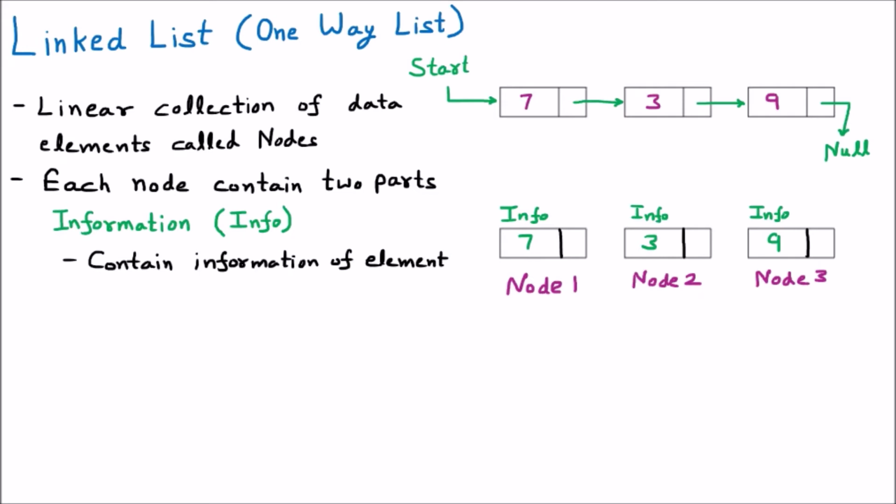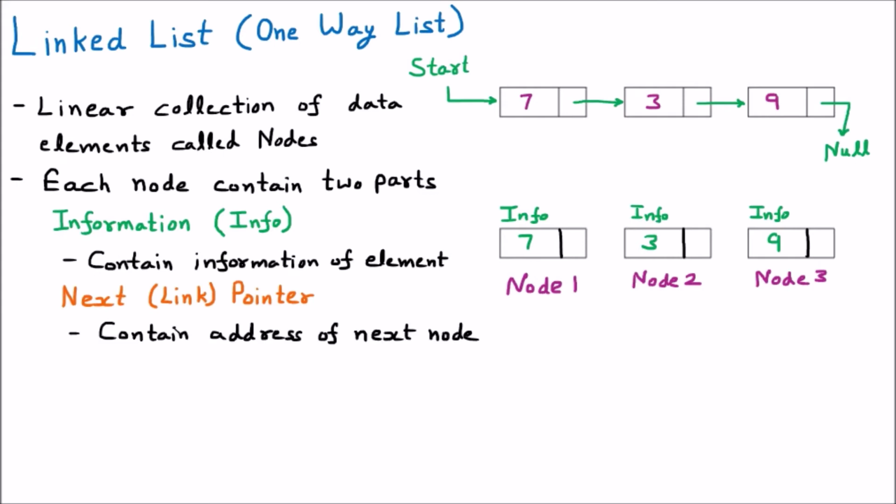Now the second part of the node is the link pointer or the next pointer. The next pointer or link pointer usually contains the address of the next node. So info is the first part and link is the second part.